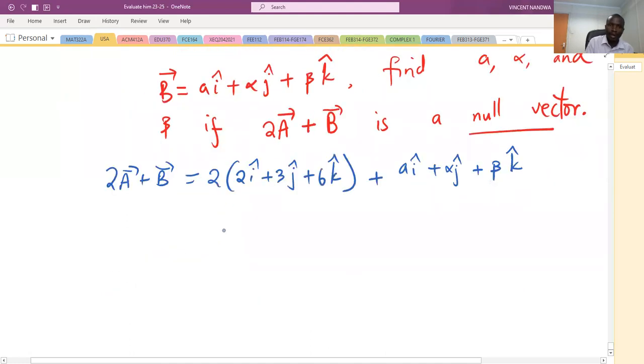So we'll have 4i plus 6j plus 12k plus ai plus alpha j plus beta k.